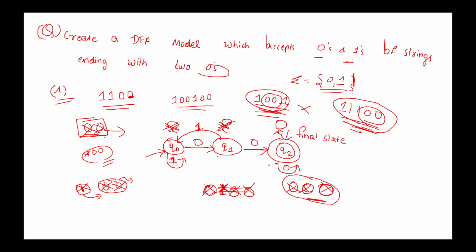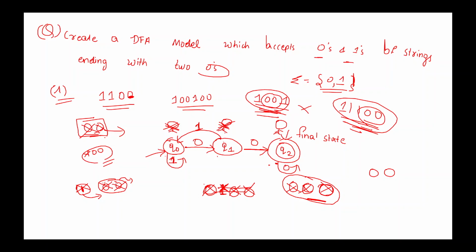Now let's define q2 on 1. For defining q2 on 1, I need to stand on q2. So in order to stand on q2, my inputs will start from q0, right? I need to start at q0 and reach q2. For that, I take two zeros, because q0 on 0 moves to q1, and q1 on 0 moves to q2.